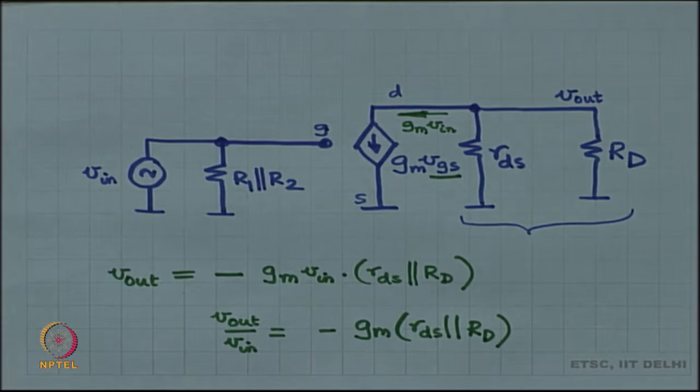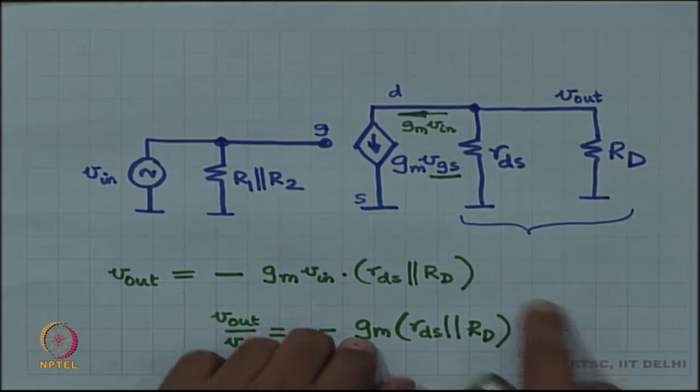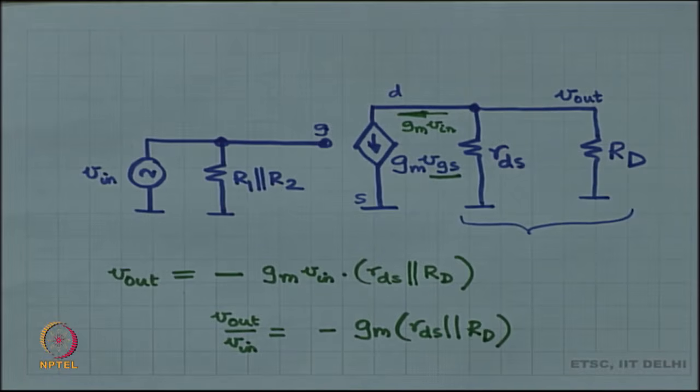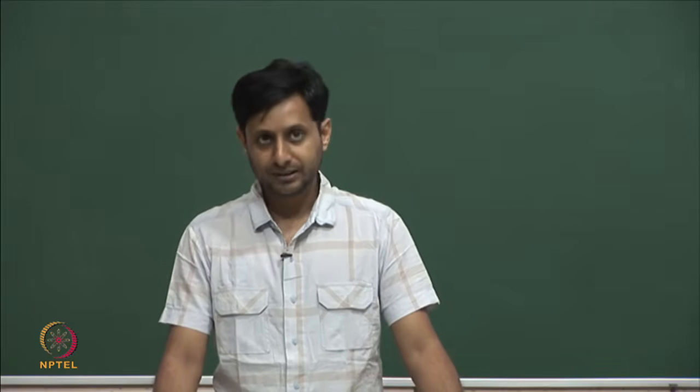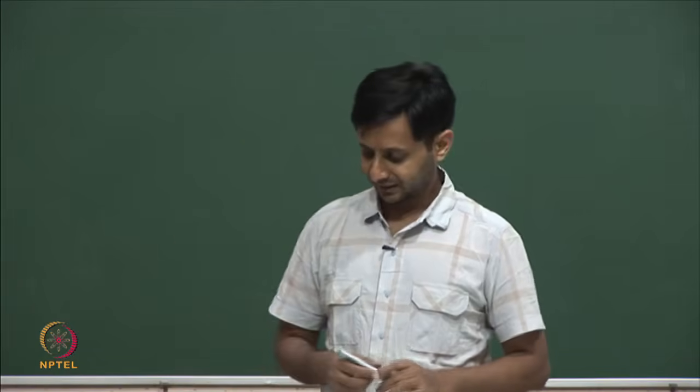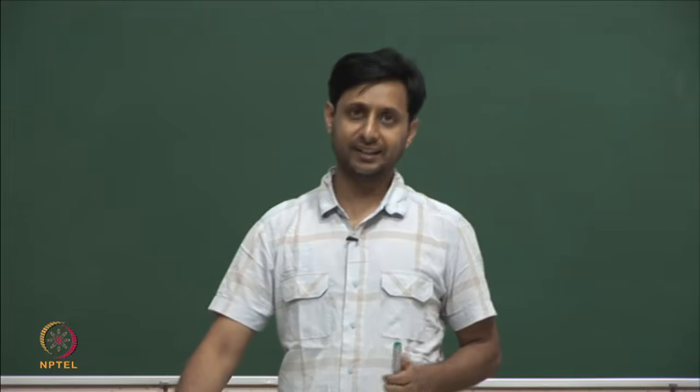Where is the gain in this? The gain in this is in the combination of GM and RDS parallel RD. RDS is usually large. GM times RDS is known as the intrinsic gain of the MOSFET.